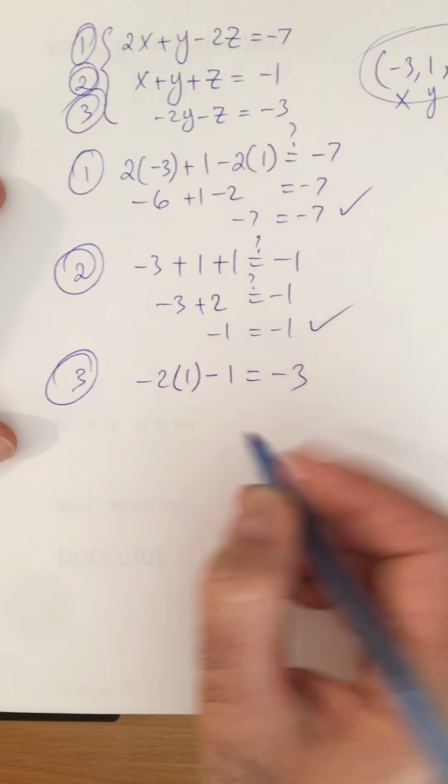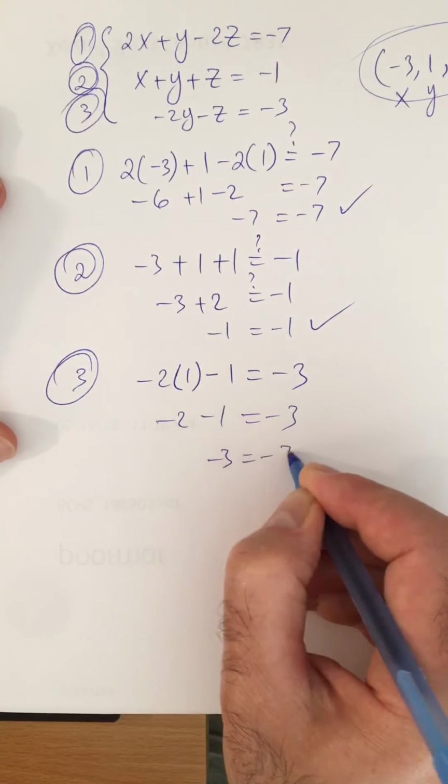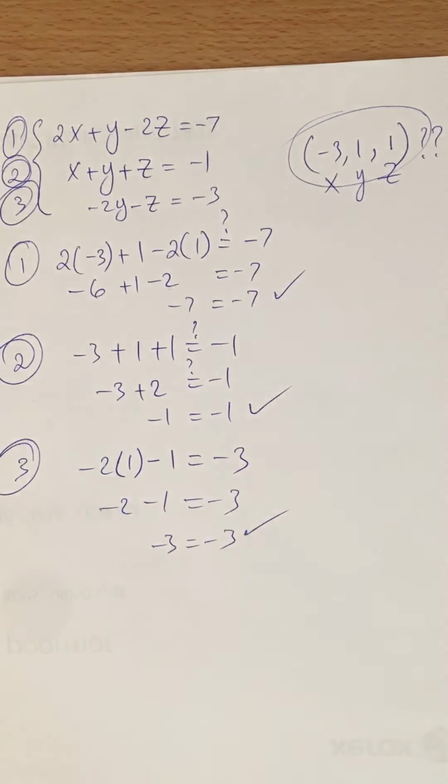Does that give me -3? Yes, it does. So -3 equals -3, check. So this point satisfies all three equations, therefore it is a solution to this system of three equations. Okay, so I'm going to stop right there.